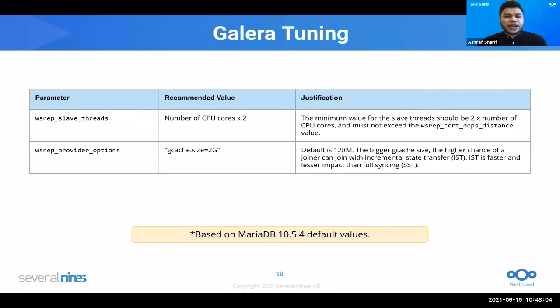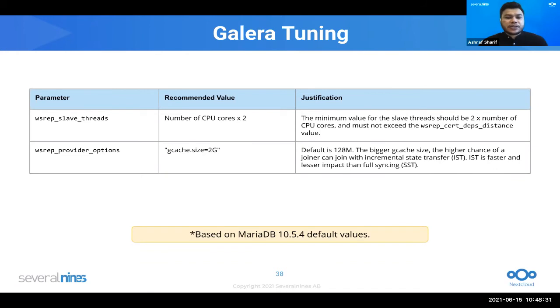To get the best value, let the cluster run for a couple of days and then find a stable point. For example, let's say you get 48 as the wsrep_cert_deps_distance value, and you have 4 cores with hyperthreading enabled. You should start with 8 wsrep slave threads, and the maximum value is 48.